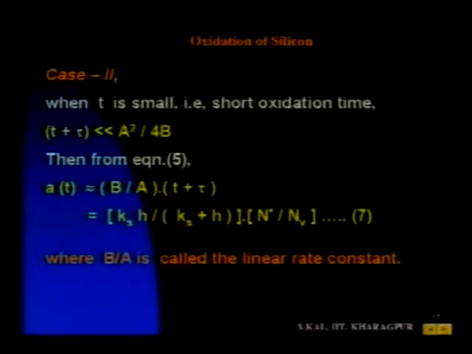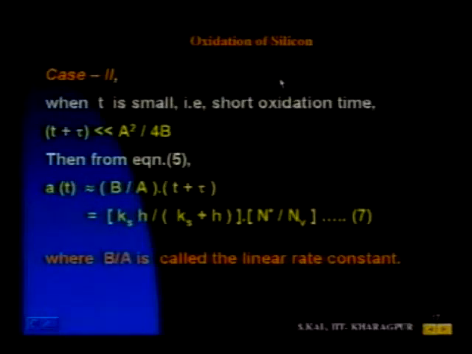And the parabolic rate constant will decide the oxide growth process when the oxidation time is large, and the b by a, which is the linear rate constant, decides the oxide growth rate when t is small.